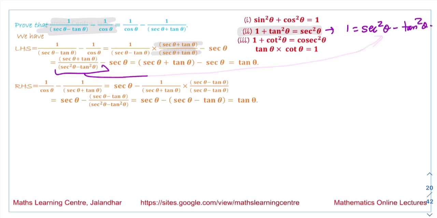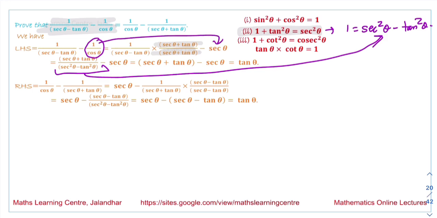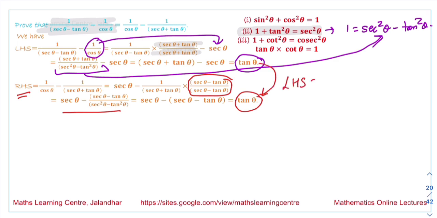This is the denominator we get. Then we write 1 over cos theta as secant theta, and the final answer we get is tan theta. On the right hand side, we have multiplied and divided it with secant theta minus tan theta, and on solving this we get the answer tan theta, so LHS is equal to RHS.